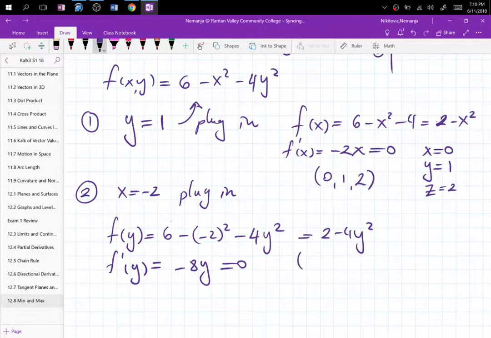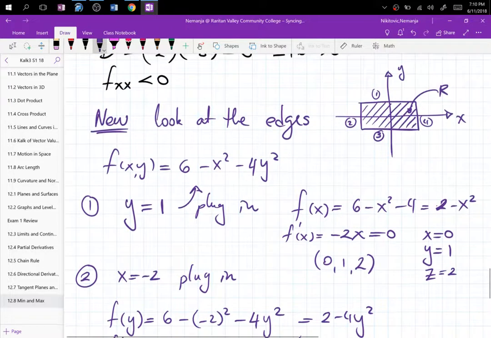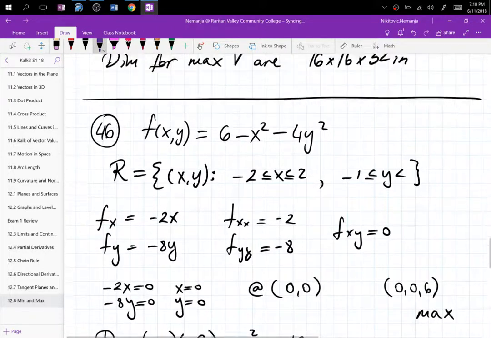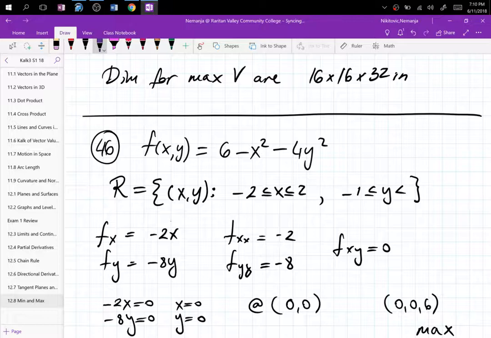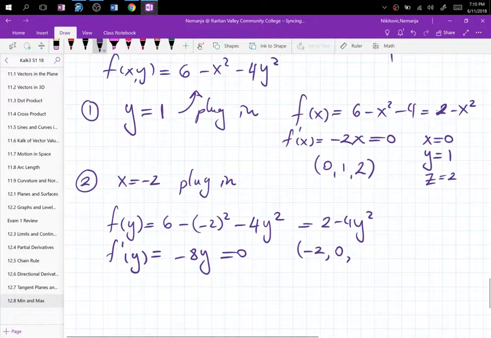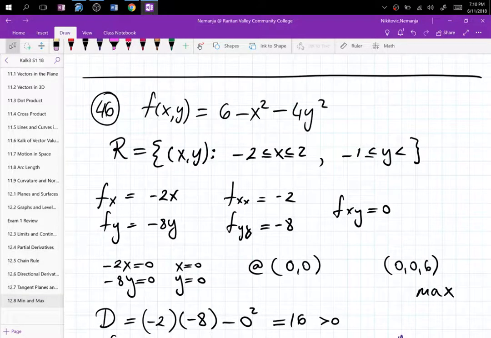We know that x is negative 2, y is 0, and z is going to be, what is z? When I plug in over here, 2, right? Plug in the z equation. This is equal to z, right?